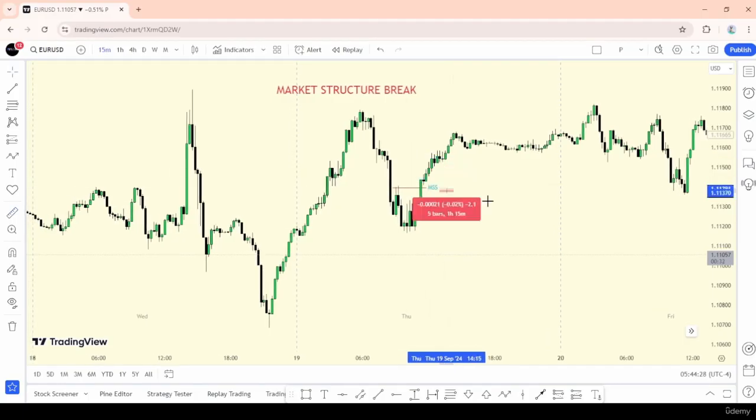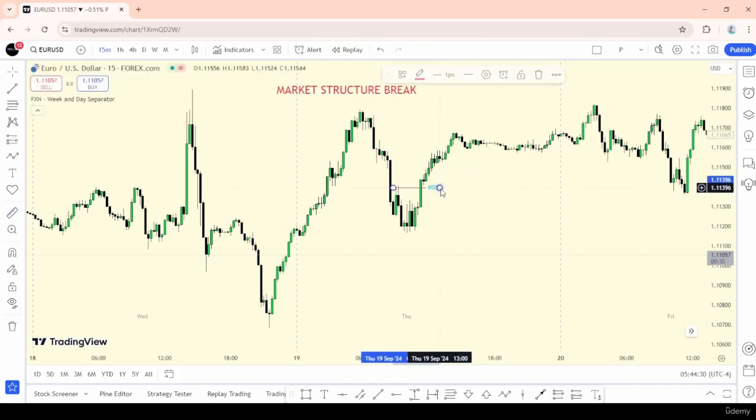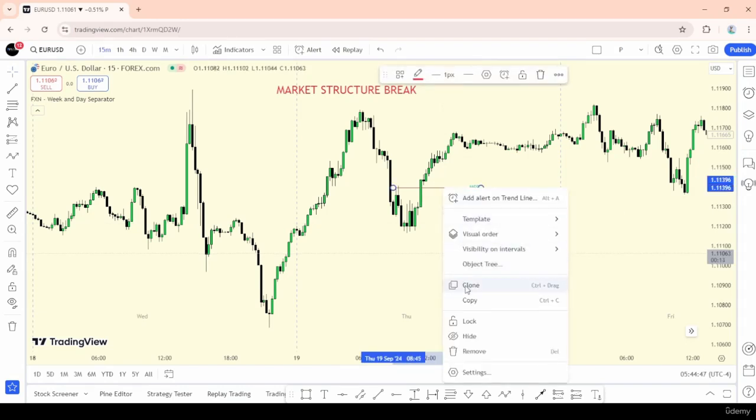So with that, we identify that as a market structure break or market structure shift. We identify that the structure has shifted to bullish. I'll be showing both sides of the market, where the market shifts direction, both bullish and bearish.